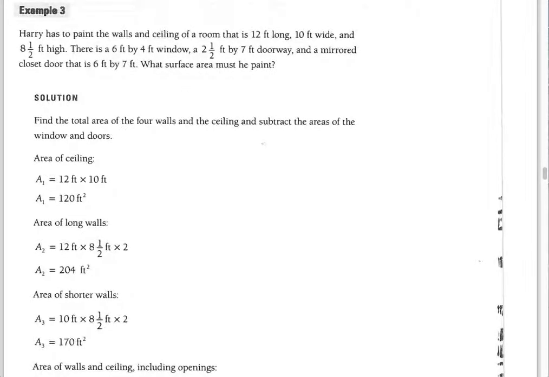Example 3. Harry has to paint the walls and ceiling of his room. A room that is 12 foot long, 10 feet wide. That's the dimensions. So it's 12 by 10 feet.